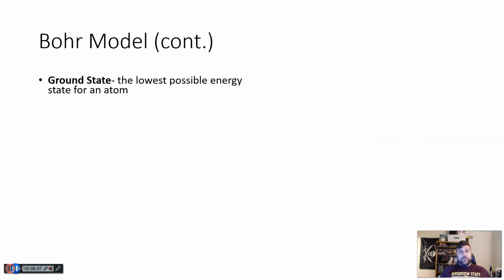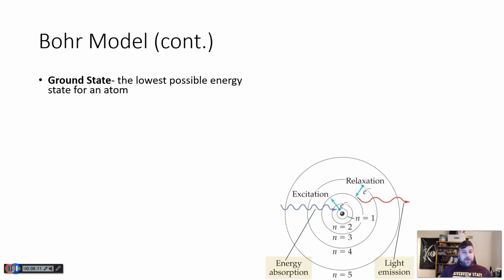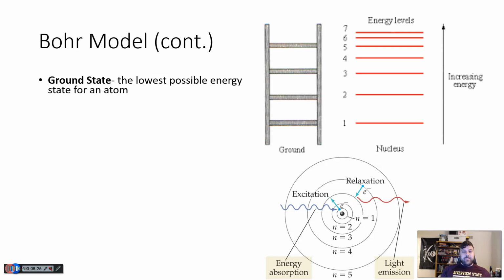He talked about something that we refer to as the ground state. The ground state is the lowest possible energy state for an atom. What this means is the electrons are in the lowest possible energy level that there is.